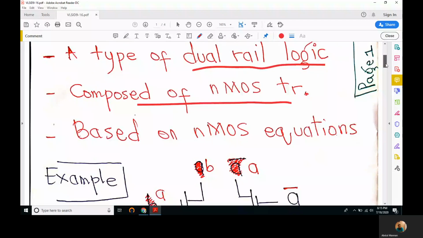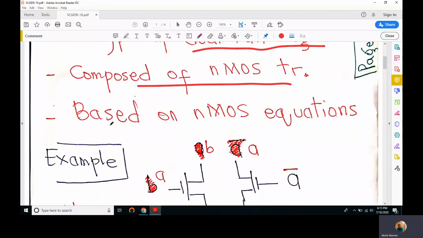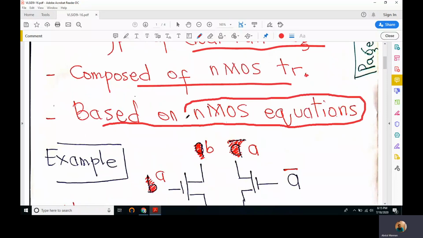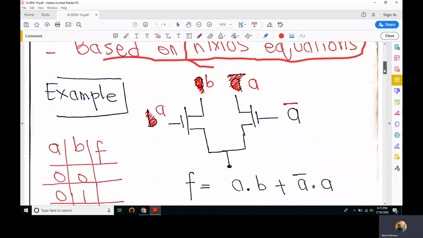and the whole concept of CPL is based on NMOS equations. Shortly we are going to see what NMOS equations are.